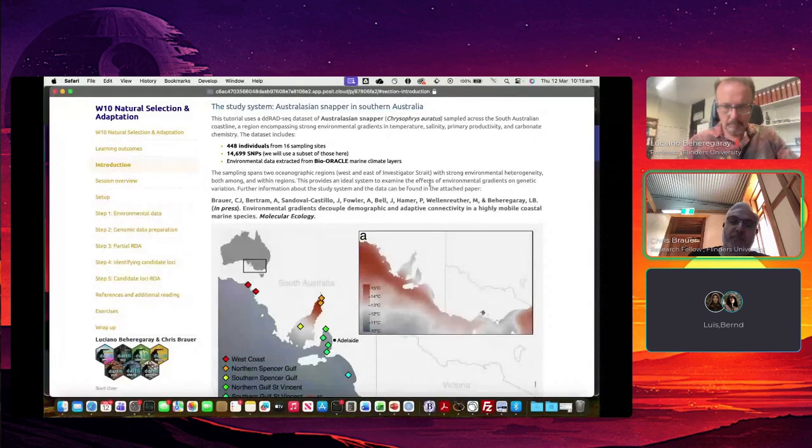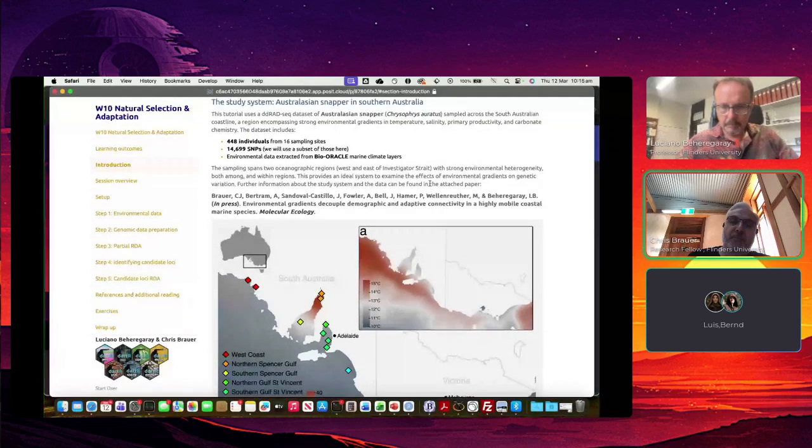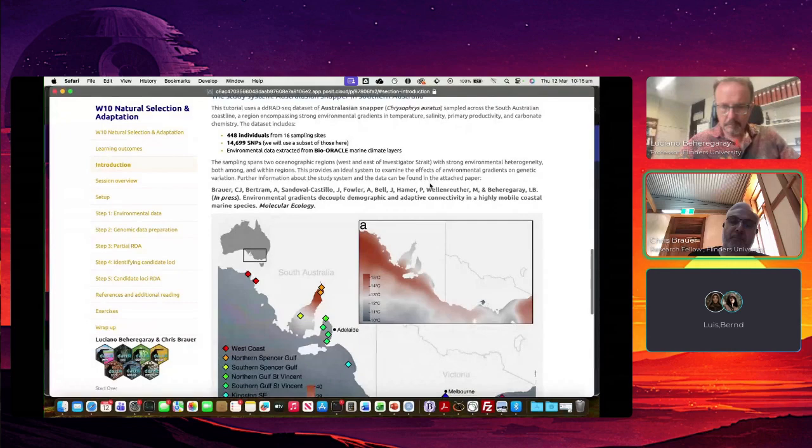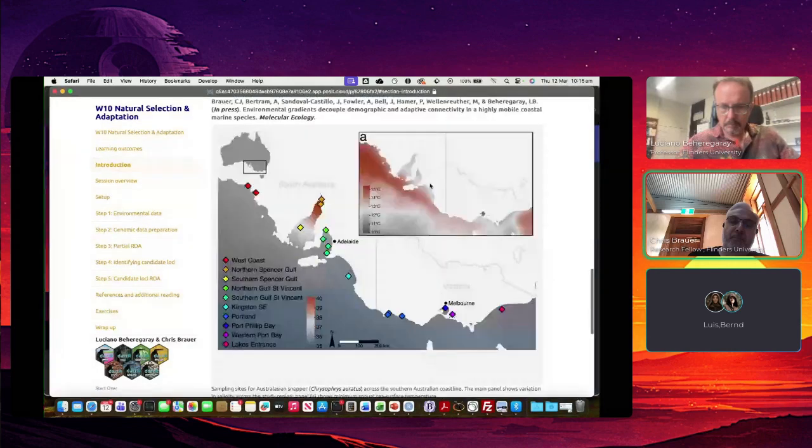Okay, and again, Luciano gave a really nice introduction to the study system we're going to be looking at. Just a little bit of a rundown on what the actual data is. So it's obviously snapper along the southern Australian coast, mainly in the far west of South Australia, on the left of the map here, and then the most eastern point is at Lakes Entrance here, to the east of Melbourne.